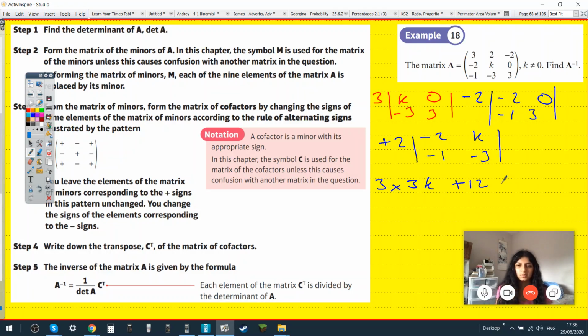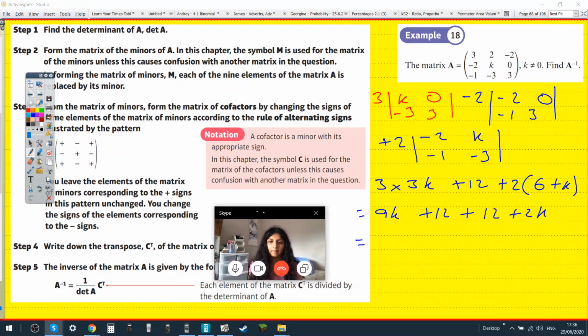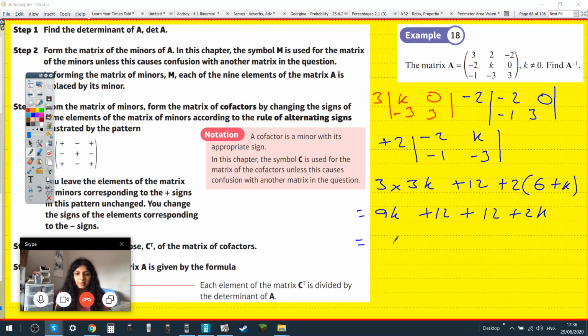So 2 times 6 plus K. So 9K plus 12 plus 12 plus 2K. 11K plus 24. So that's the determinant.